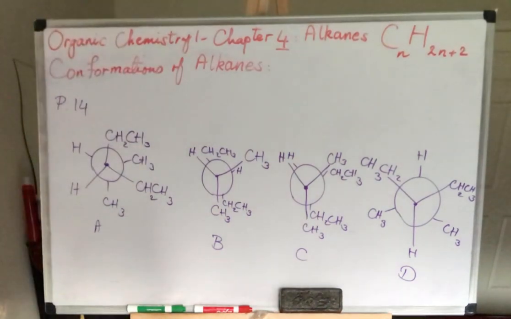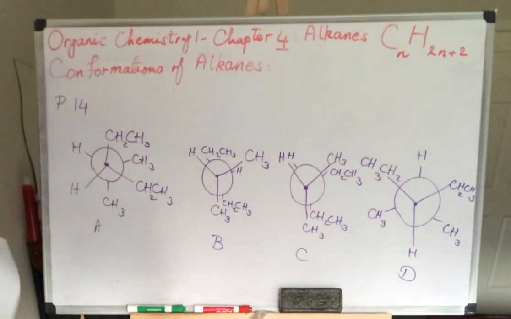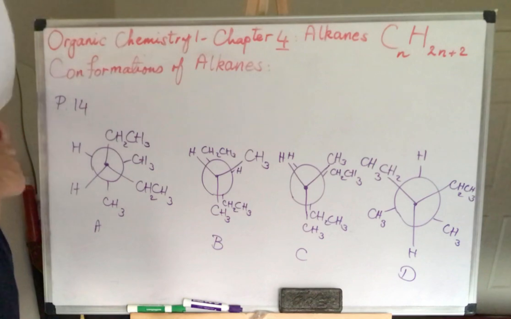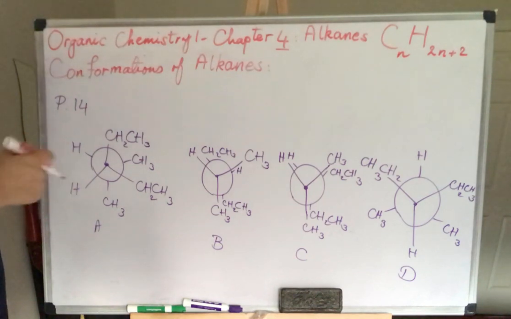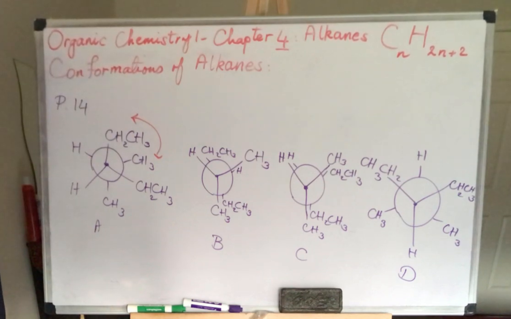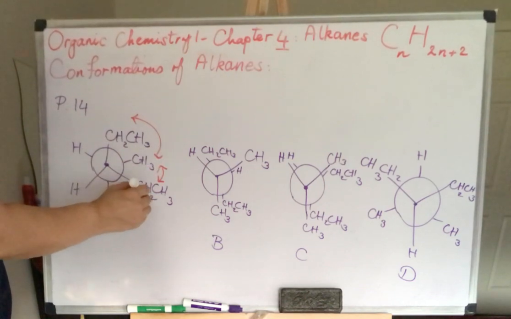Now, the stability depends on the steric strain or torsional strain that we have between the groups. Now let's look at the groups. You have a torsional strain between these two, ethyl and methyl group, and again between these and these.